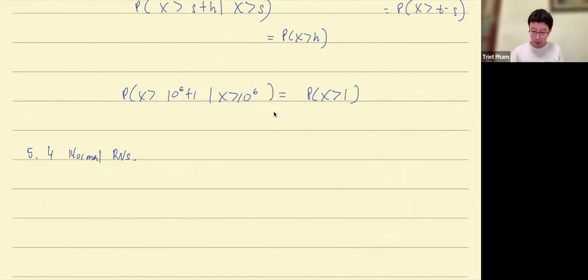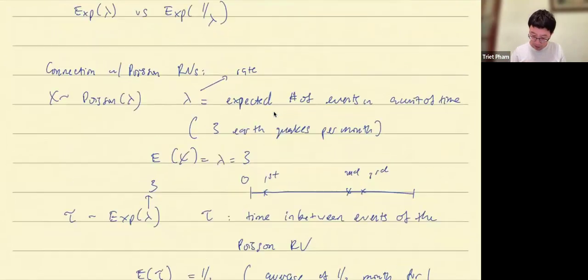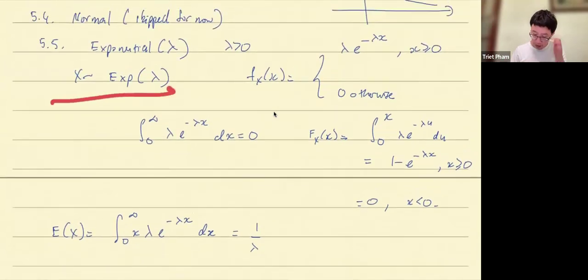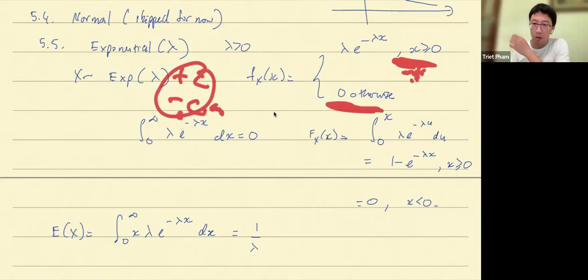By the way, I forgot to mention that if you have an exponential random variable and you add something to it or subtract something from it, it will no longer be exponential. Why? Because the exponential is attached to the support from 0 to infinity. It just goes with the definition. Even though if you add or subtract a constant you won't change the shape of the density, it will not be called an exponential.